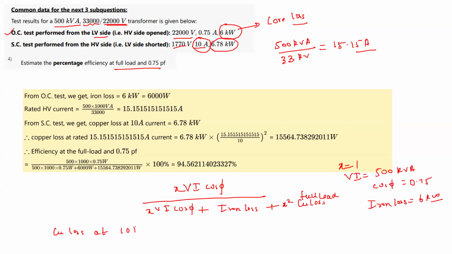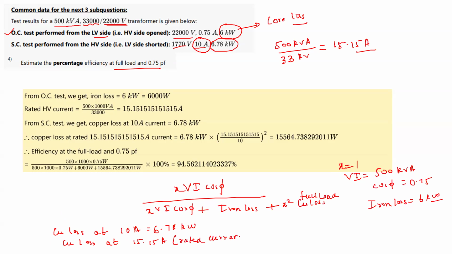So copper loss at 10 ampere is 6.78 kilowatt. So what will happen to copper loss at 15.15 ampere or rated current?